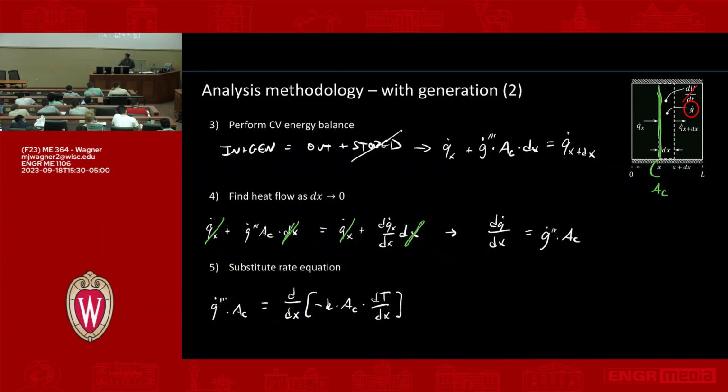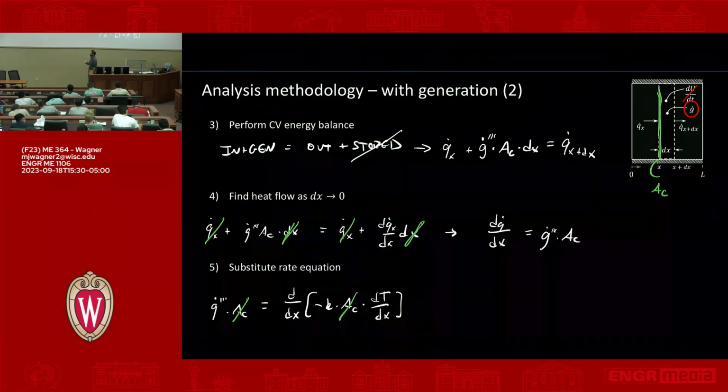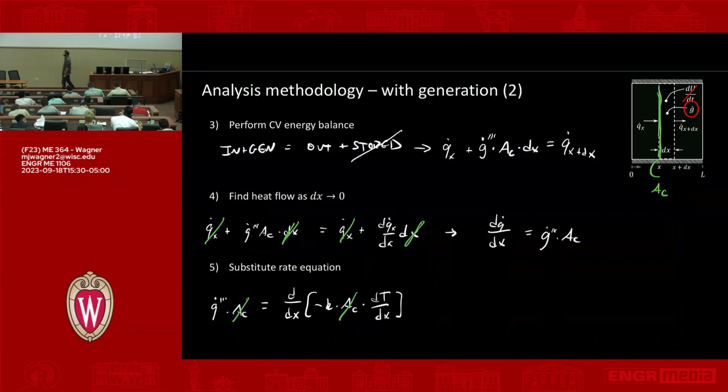You'll notice Ac being a constant cancels out. That's good. You don't necessarily have to have that. You can still solve it like you did in the homework. You can have an Ac that doesn't cancel out, but in this case it helps us.